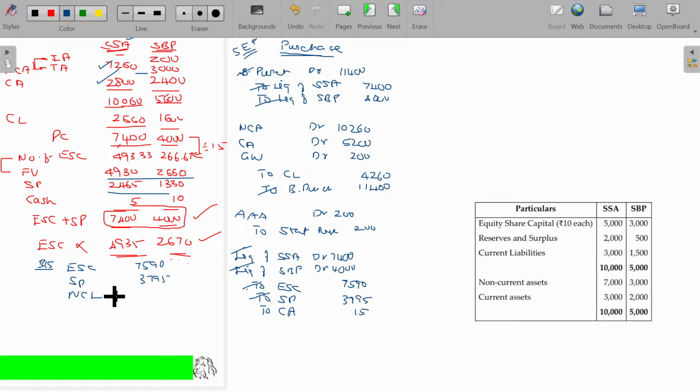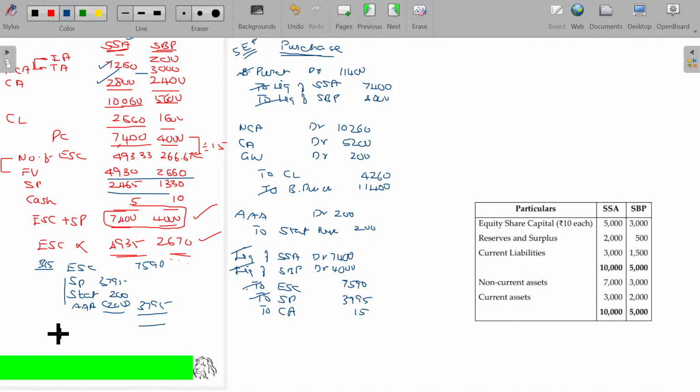We don't have non-current liabilities, only current liabilities, this value being 4,260. Statutory reserve also we have. Statutory reserve 200, amalgamation adjustment account 200 negative, 3,795. Overall reserves and surplus will be 3,795 only. Clear?